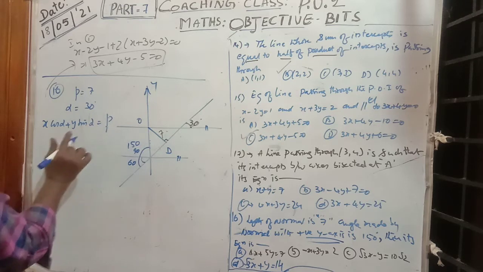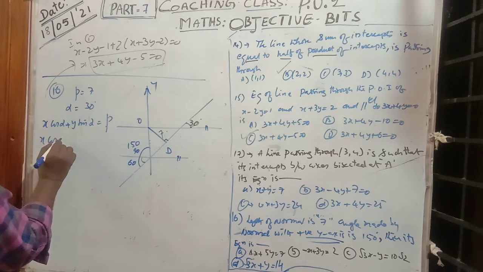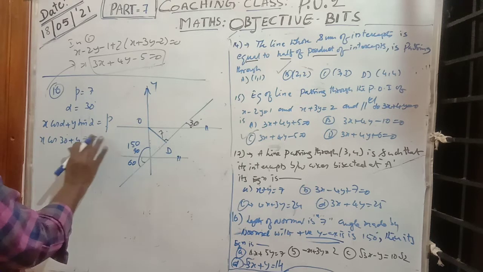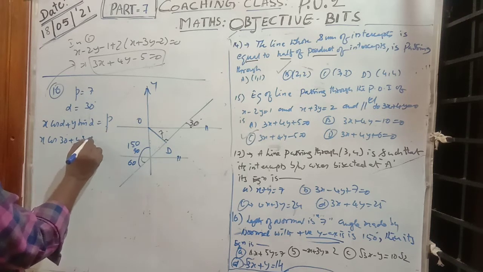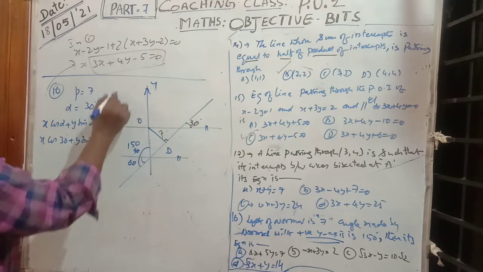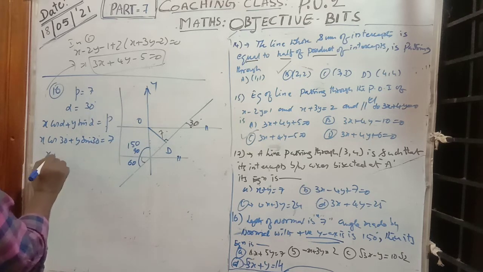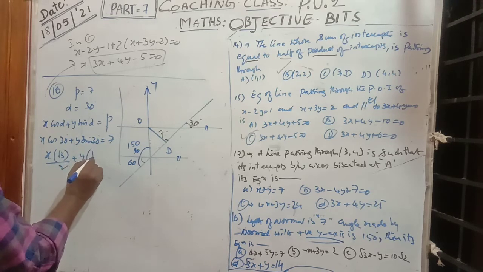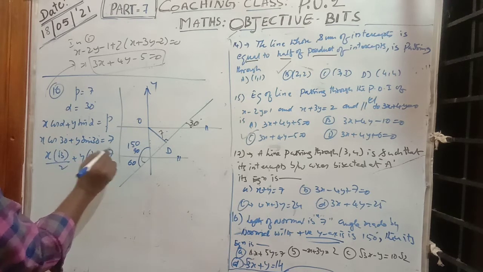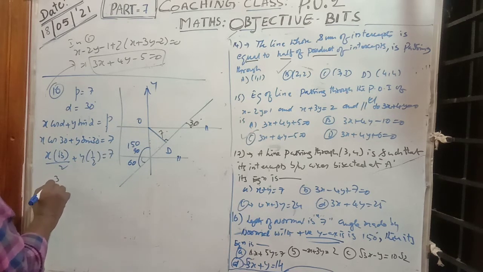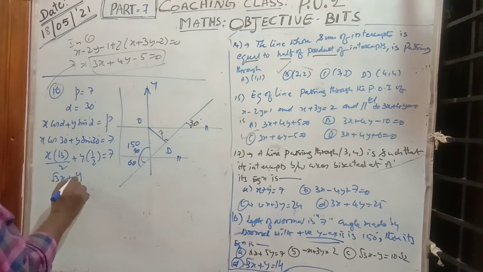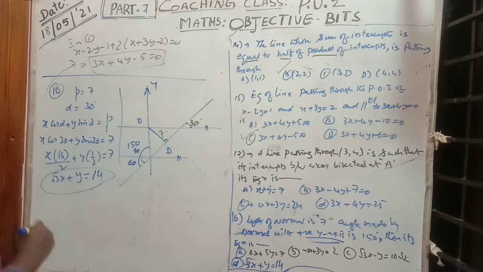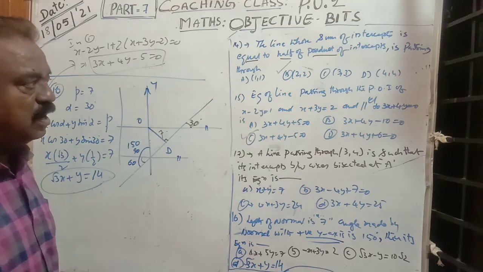So x cos 30 degrees plus y sin 30 degrees is equal to 7. Okay? x into root 3 by 2, y into 1 by 2 is equal to 7. It is root 3x plus y is equal to 2 into 7, which is 14. So this is the required line equation.